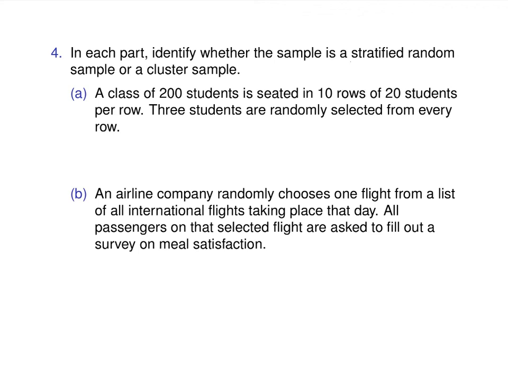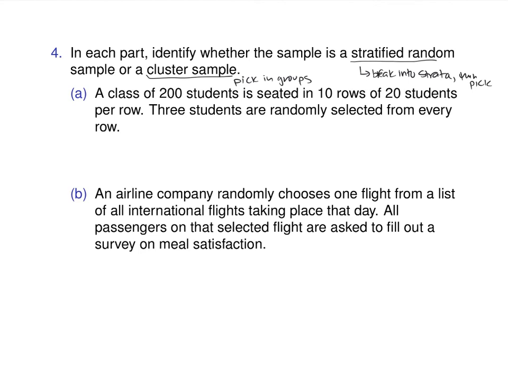So stratified random means first you break into strata, then pick. Cluster sample means you pick in groups. Like break into strata and then pick one of your strata, something like that.